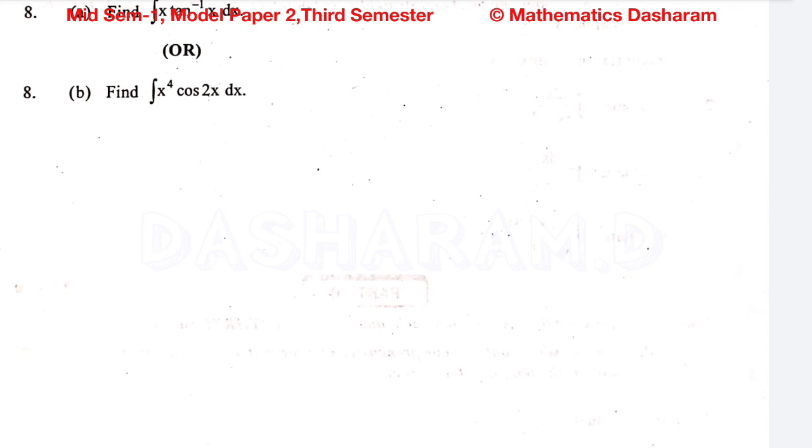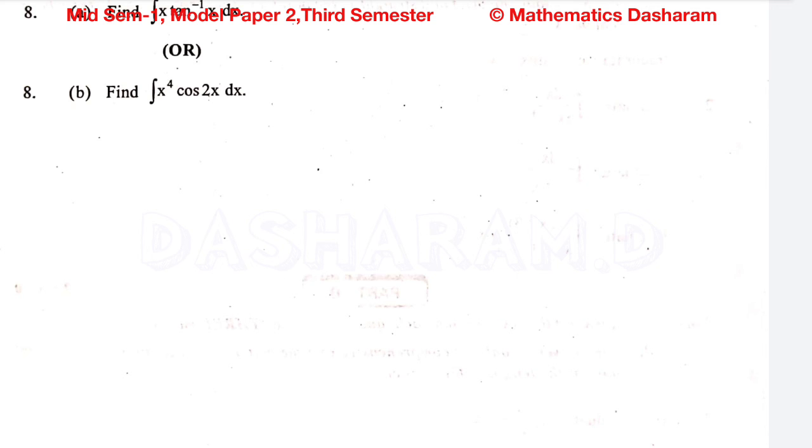Continue the answer. Here x to the power of 4 is given, that is why we use Bernoulli's rule. For example, if in place of x to the power of 4 you had just x, then you can use the u into v dx formula, that is u into integration v dx. But here x to the power of 4 is given, so that is why we use Bernoulli's rule.